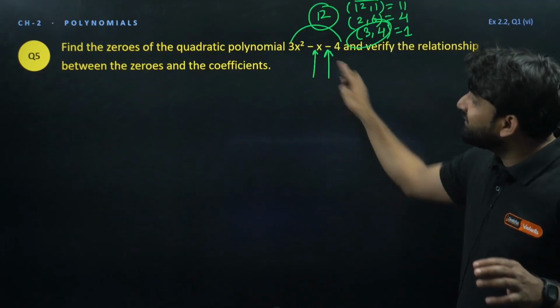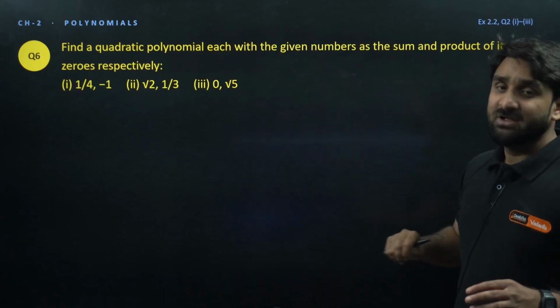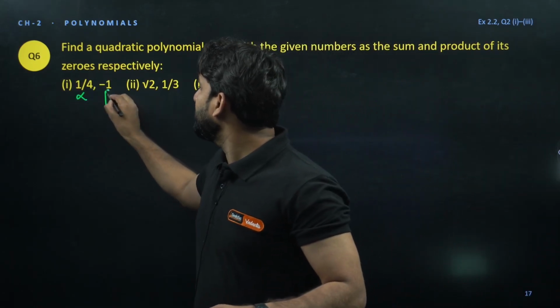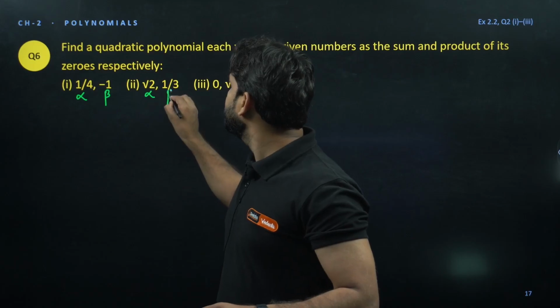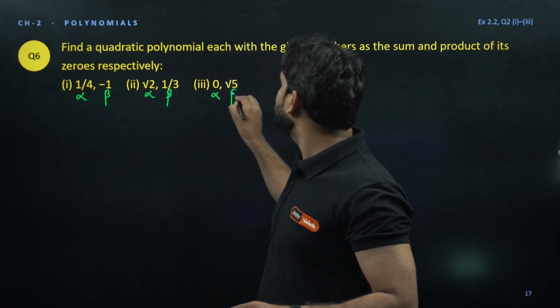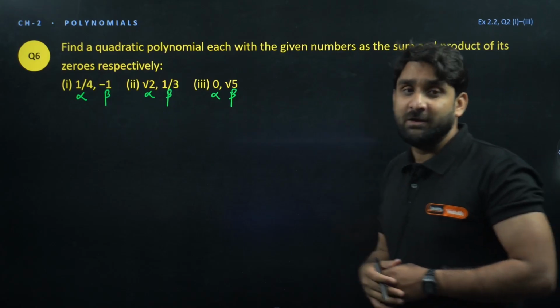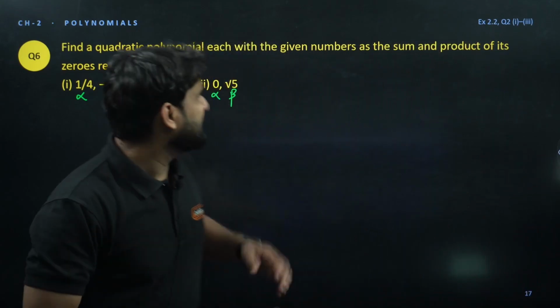Now this is reverse. If the zeros are given to you, let's say this is alpha and this is beta, how do we find the polynomial? Let's read the question first.